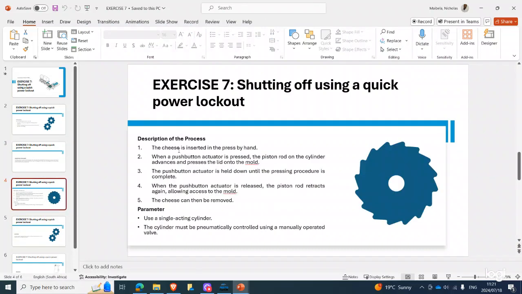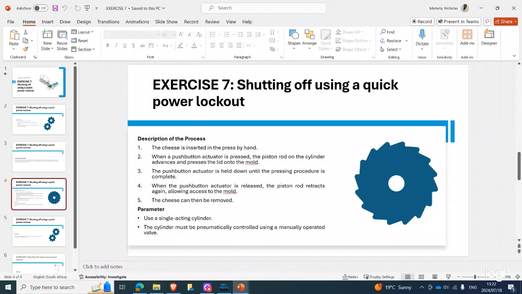So now they're saying the cheese is inserted by hand, right? And when a push button actuator is pressed, right? So a push button, they didn't say a selector switch, they said a push button, right? The cylinder advances and then presses the cheese onto the mold, right?